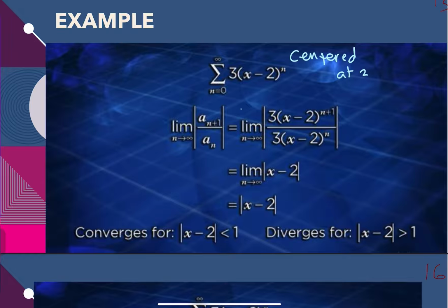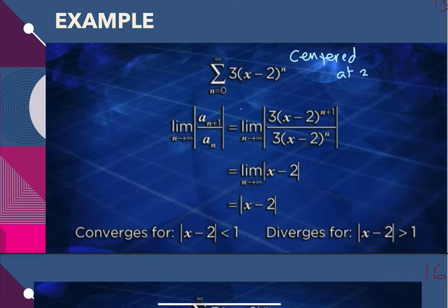Just like what we did previously, we take the limit of successive terms and apply the ratio test. So we take the limit as n goes to infinity of the absolute value of a sub n plus 1 divided by a sub n. The bottom part would be 3 times x minus 2 to the nth power, while the numerator would be 3 times x minus 2 to the n plus 1.